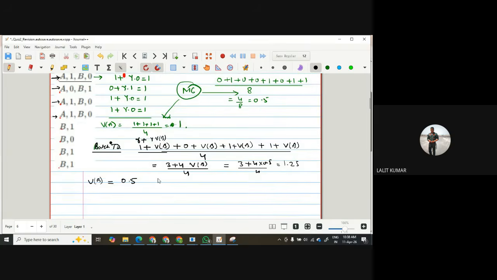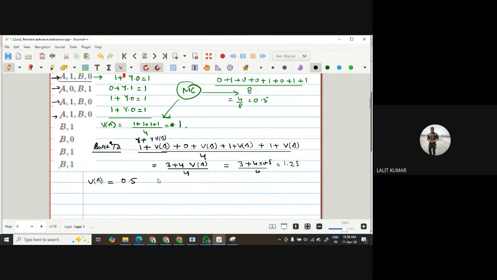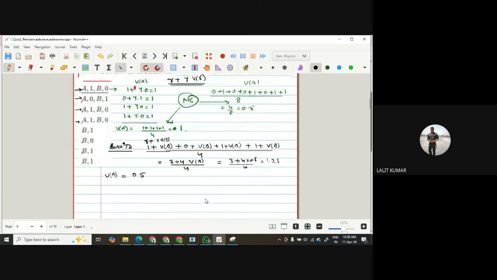Now we'll explain how to find an MDP. This is a very important thing. It has been asked in the PA, GA also, PYQs also. So see what is happening in this question. From B, we are not going anywhere, we are going to terminal only. But how many ways?